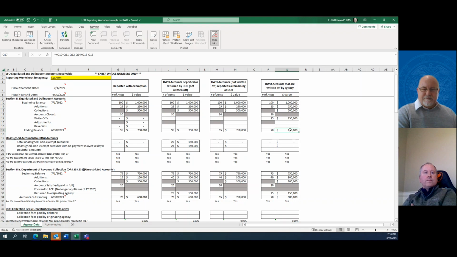Now, certainly understand that we have some circumstances where, due to some system limitations, an agency needs to continue to see that balance, even though they recognize that the likelihood of collecting it is nil.